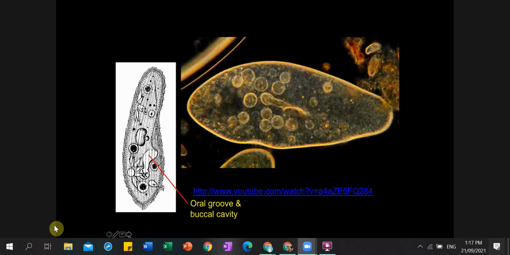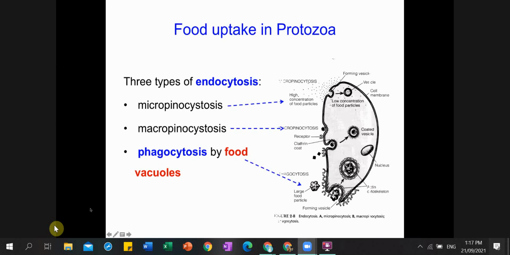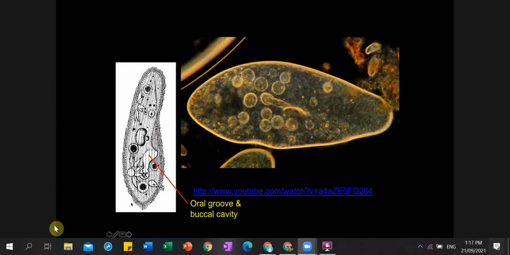Some species like this Paramecium have a fixed location on the cell membrane, which is grooved in. And this is the location where they will form the food vacuole, right? And that position for this Paramecium, they call it the oral groove.